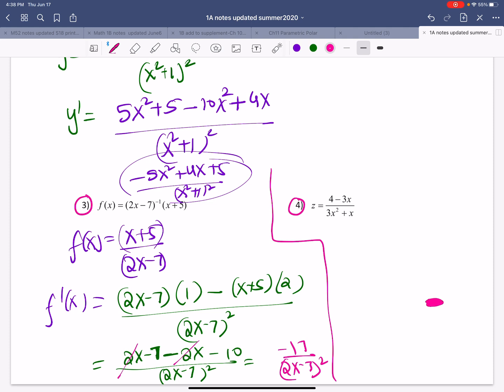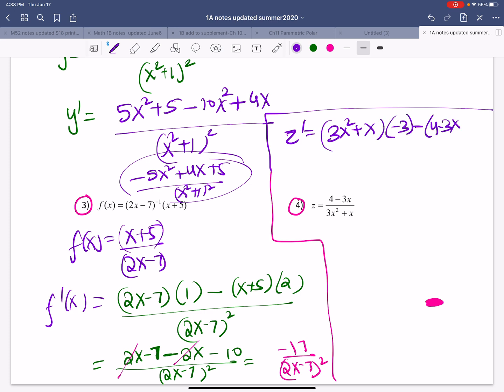Next, we have z equals 4 minus 3x over 3x squared plus x. All right, so z prime is going to equal low d high: lower term, 3x squared plus x, times derivative of higher term, which is negative 3, minus high d low, the derivative of the lower term, which would be 6x plus 1, divided by (3x squared plus x) to the second power.